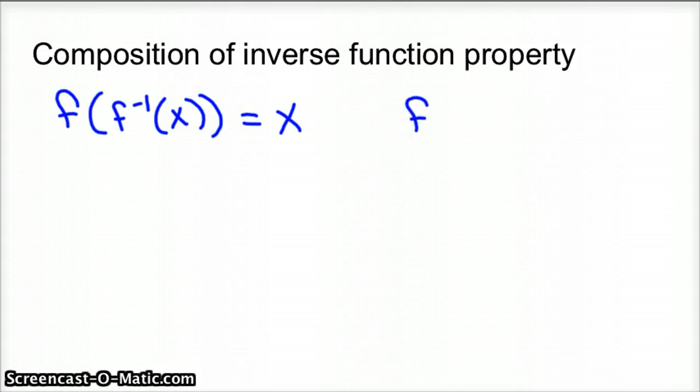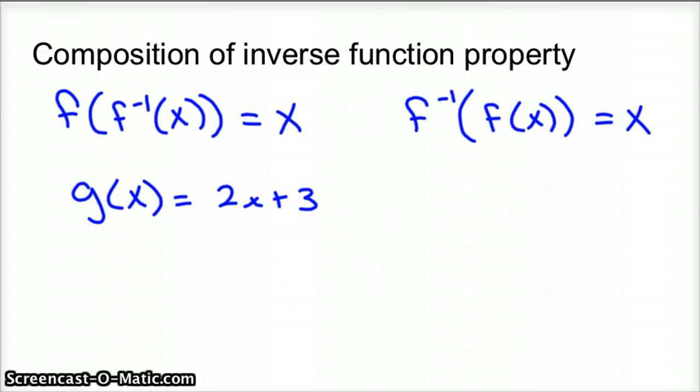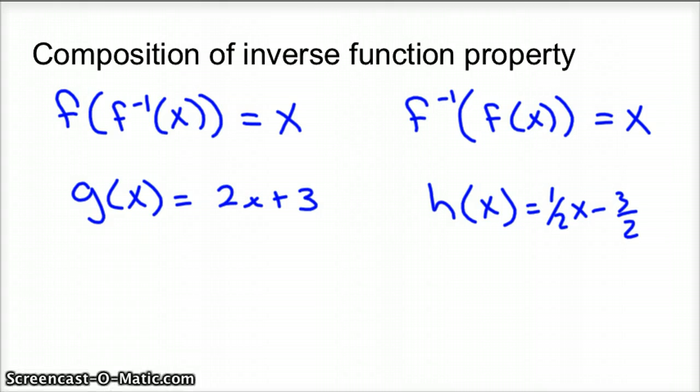And likewise, if you compose the inverse and the original, you should also end up with x. All those f's kind of get confusing, so let's call one of them g at x, our original one, 2x plus 3, and the other one h at x, which was 1/2 x minus 3/2. And so you just compose those to verify.